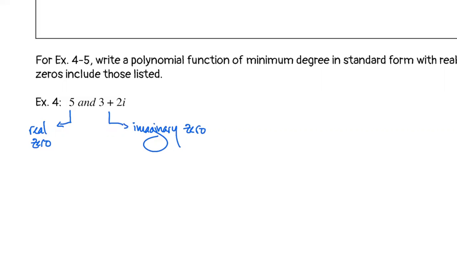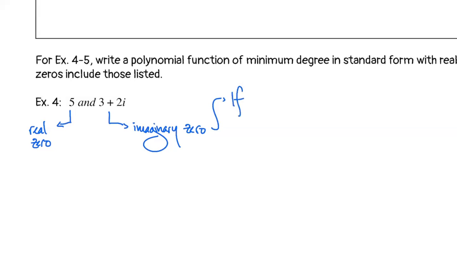That means where there's one imaginary 0, there must be another. So I see 5. 5 is real, but then I see 3 plus 2i. That's an imaginary one. But if there's one imaginary, there has to be another imaginary.